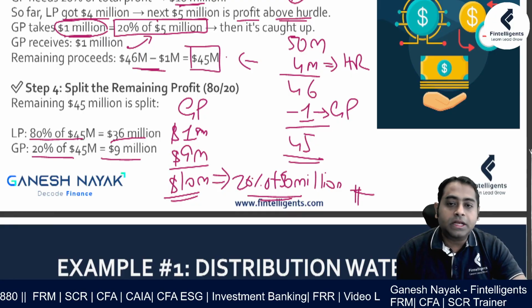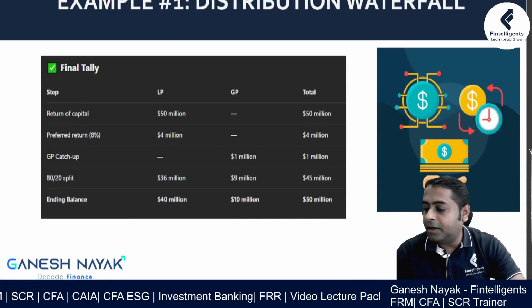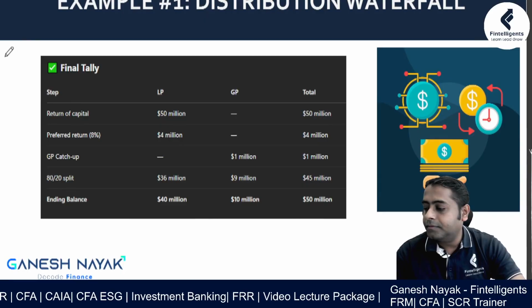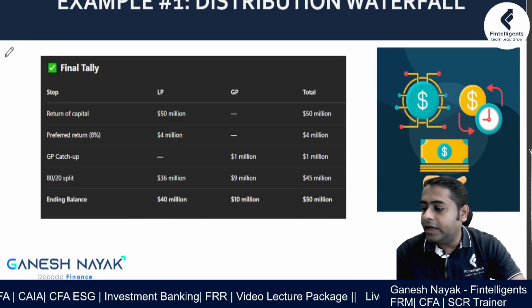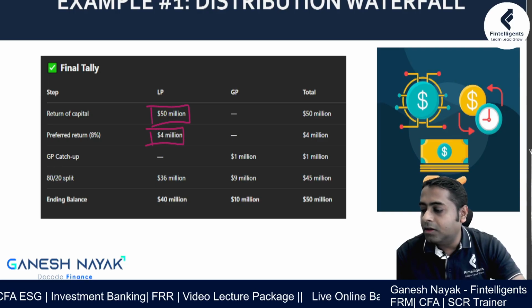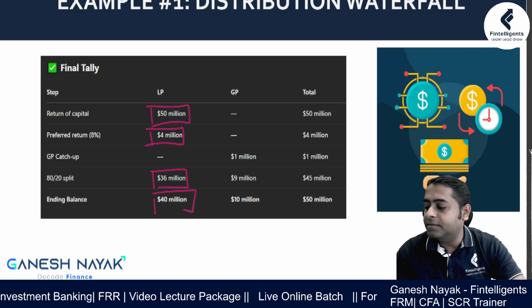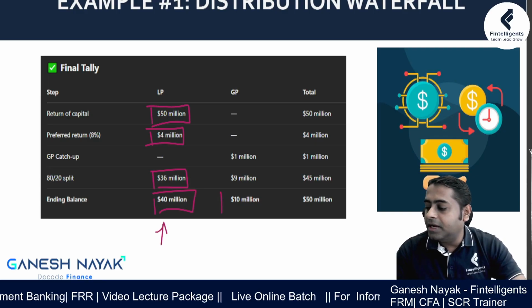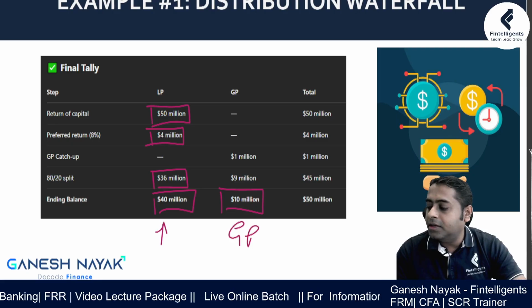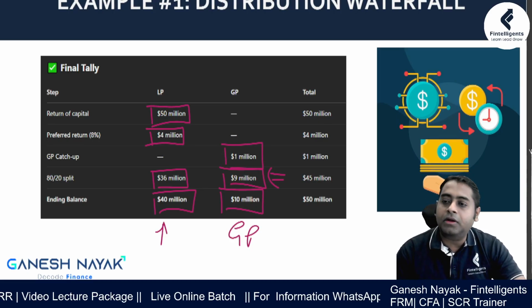There is one table also over here which will summarize this entire part. So LP made the return of the capital $4 million, and the 80% of the remaining profit gives him the $40 million. The remaining $10 million goes to the GP. He's first paid $1 million and then paid the $9 million.